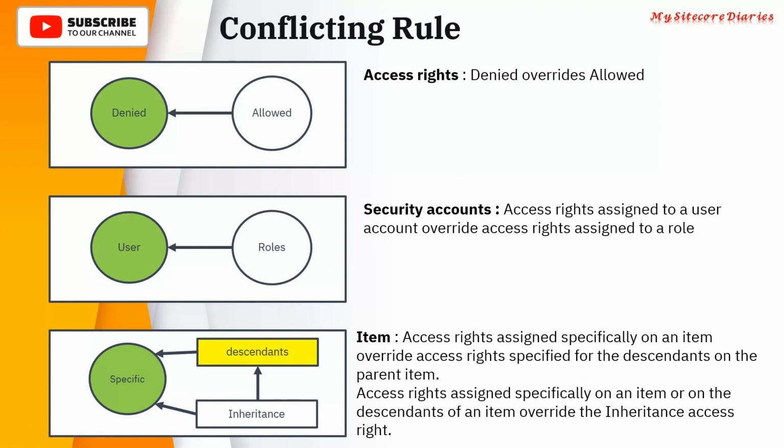User access will override the role access, and for item level, the specific access will override descendant or inheritance. So this is how the conflicting rules get resolved, and you can see the effective roles in your access viewer.